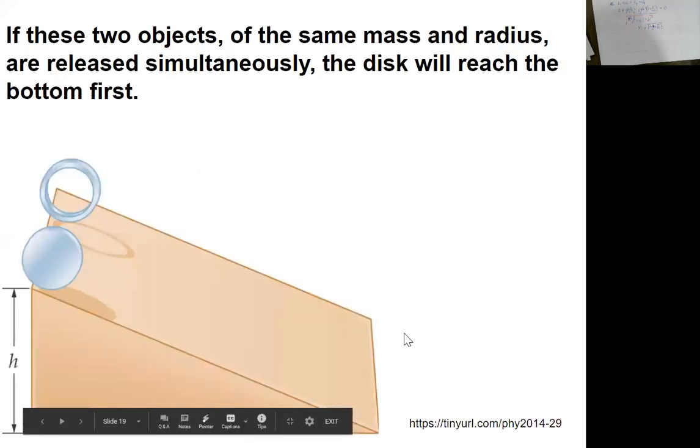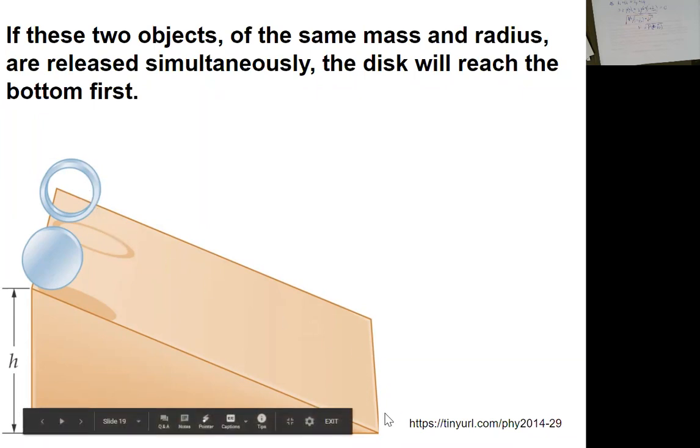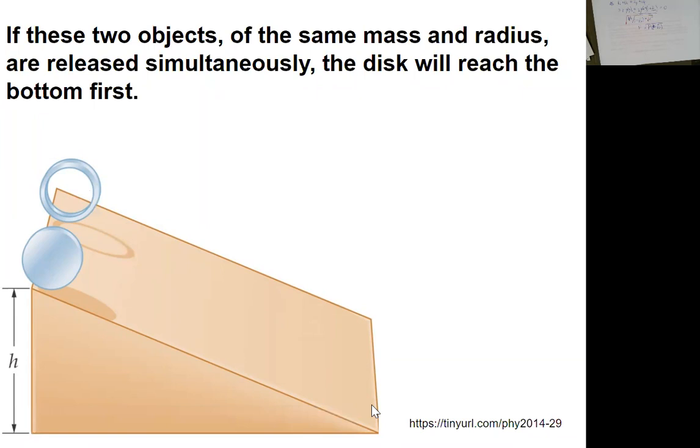All right. So if you compare two objects rolling down the same slope, with the same mass and same radius, for example a disk and a ring, the question is which one will reach the bottom first. The one that reaches the bottom first should have a larger speed at the bottom, because then the overall velocity will be larger.